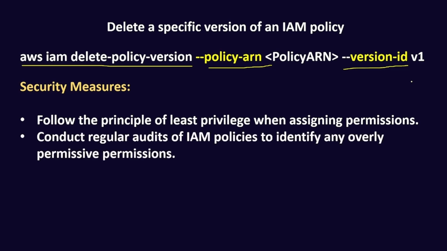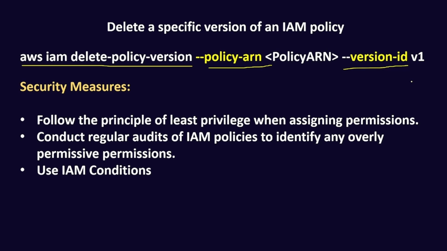Number 2 is related to audit. We have to regularly audit our IAM policies, because IAM policies play a vital role in maintaining a secure environment. IAM conditions, just think of IAM conditions as adding additional layers of security and controls to our permissions.